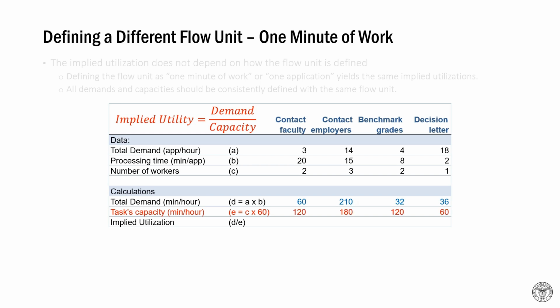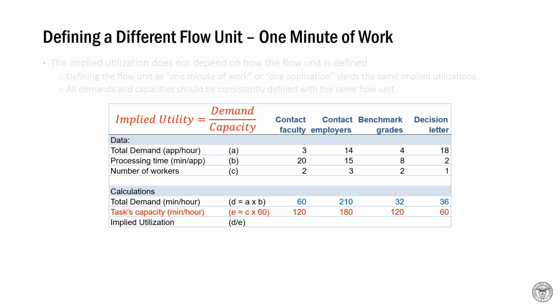Moving to the capacity side, each person has 60 minutes per hour available for work. Thus, the contact faculty stage with 2 persons has a total capacity of 120 minutes of work. Likewise, the contact employees stage, staffed with 3 employees, has a capacity of 180 minutes of work.